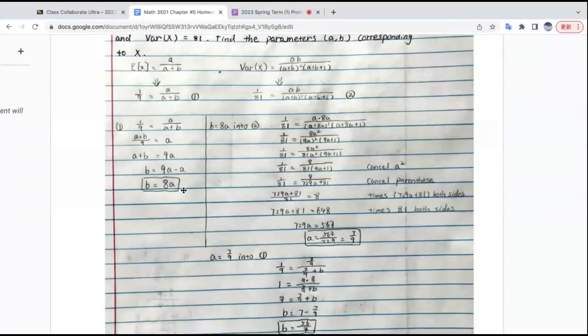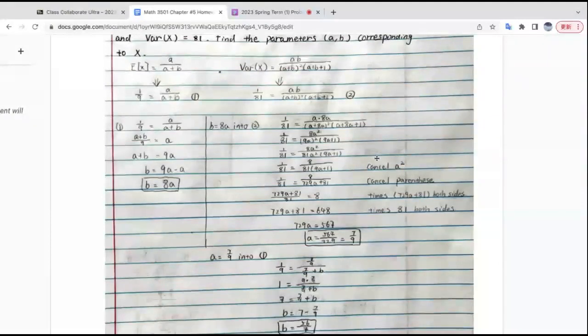So use b equal to 8a in equation 2, which is 1 over 81 equal to a times 8a over a plus 8a squared times a plus 8a plus 1, which is 1 over 81 equal to a times 8a over 9a squared times 9a plus 1.